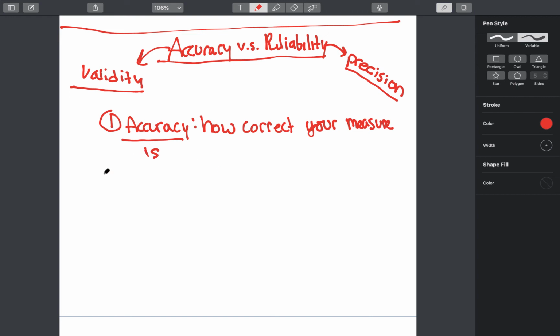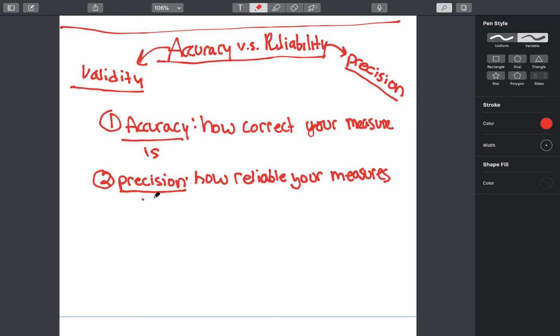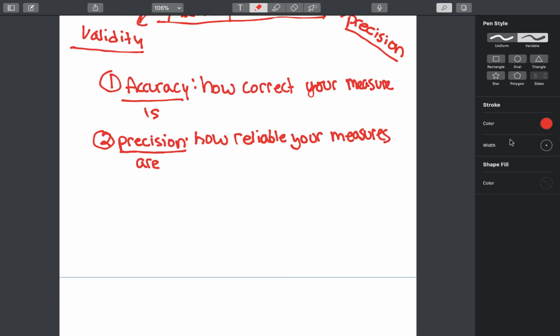While precision basically measures how reliable your measures are, hence reliability. So how close they are. I think a really good way to show the difference between these two is through a classic figure that you'll see in almost every single textbook out there. And that is the dartboard figure.